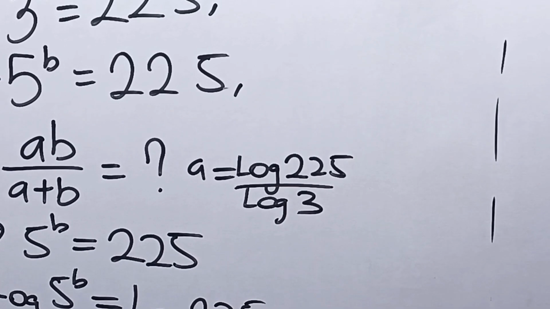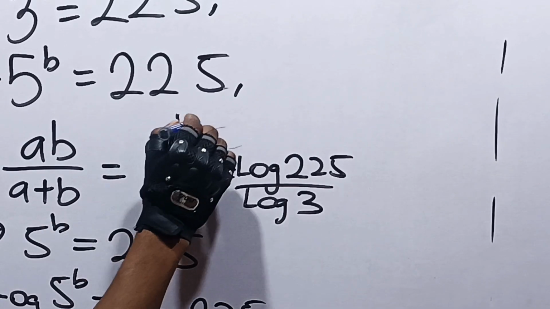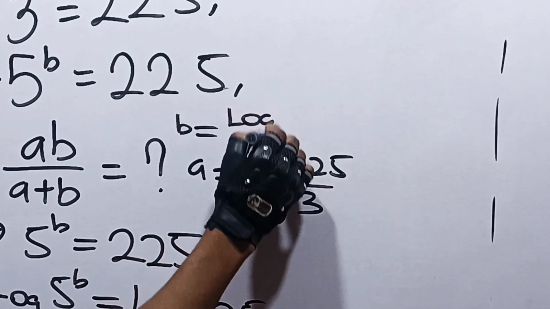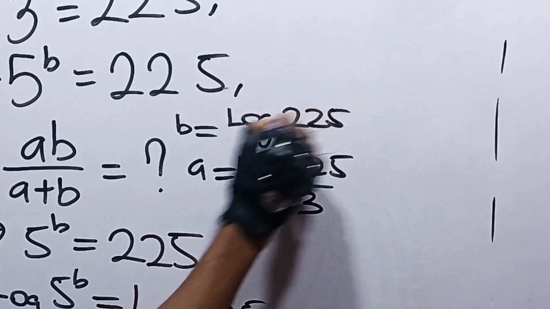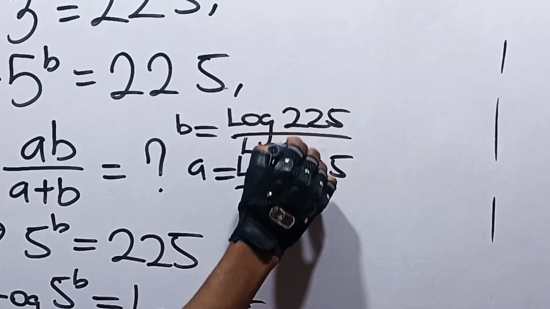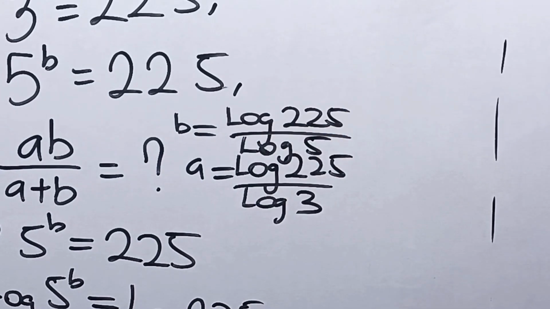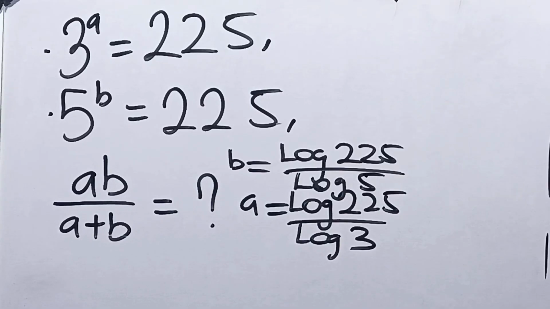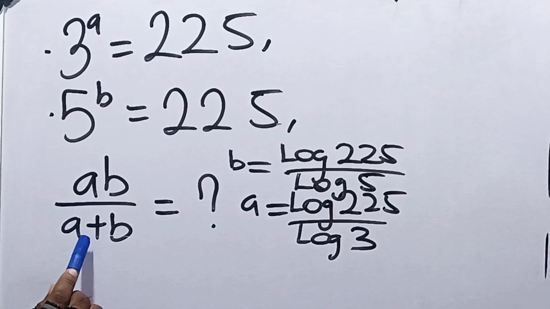So we can write by the side here that b is equal to log 225 divided by log 5. Okay, that's our b. Now solving for ab divided by a plus b.